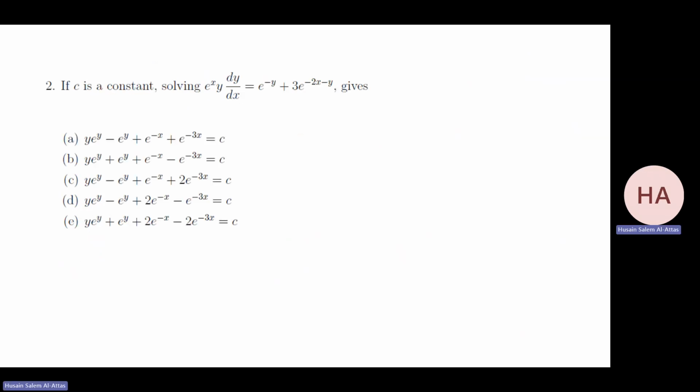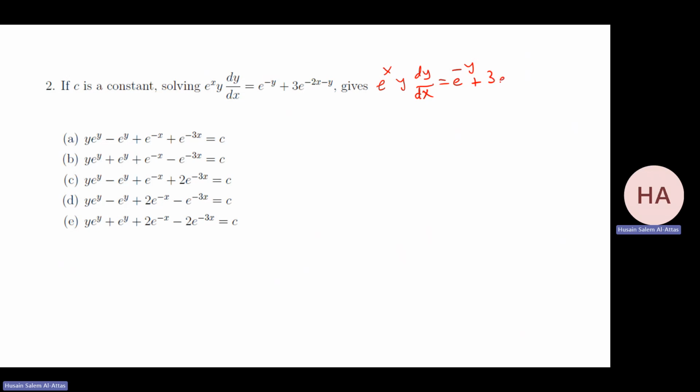If c is a constant, solving this equation. First, I need to figure out which format or which method I should use. One of the things you should notice is that I have e to the power xy dy over dx, minus y.